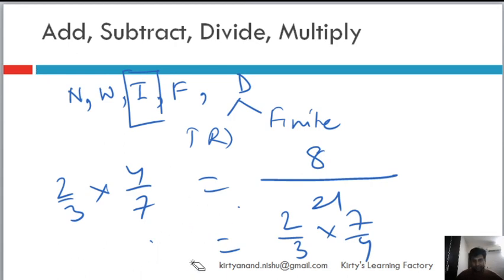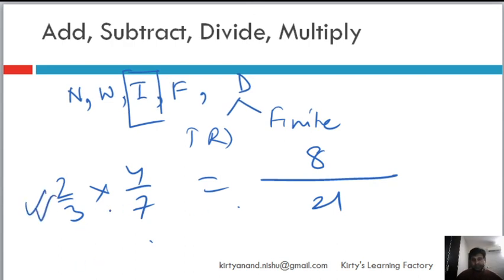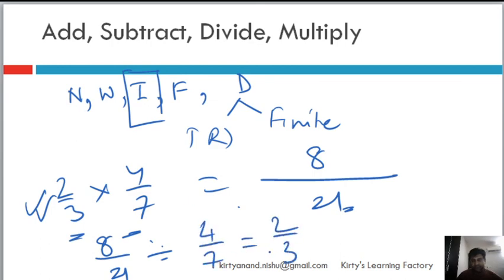Okay, let me quickly refresh your memory. See, the line here is a multiplication statement which says 2 by 3 into 4 by 7 equal to 8 by 21. Now I could say that 8 by 21 divided by 4 by 7 is equal to 2 by 3. Could I say that or not?